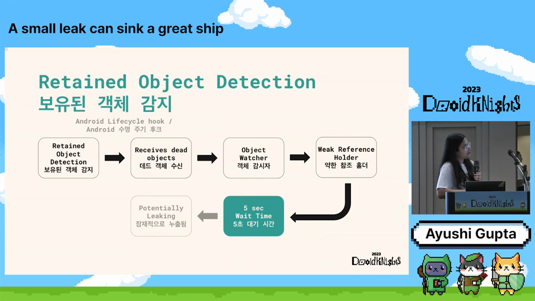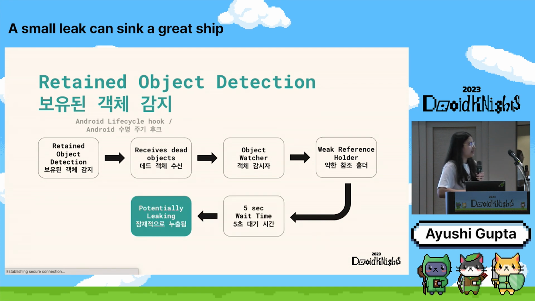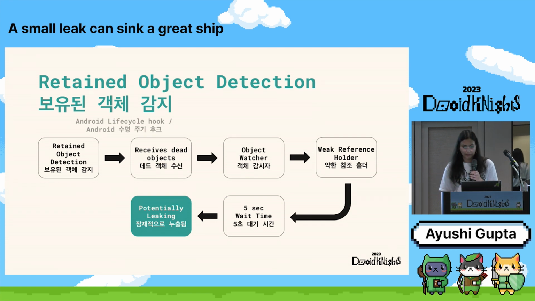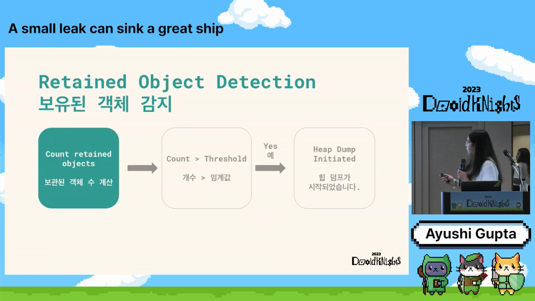Now, if the weak reference was held for 5 seconds of wait time, with GC run on top of it, and it has not been cleared, then LeakCanary says that this object could be potentially leaking. What does LeakCanary do then? It maintains the count of those retained objects. It's not like, okay, I got an object, so it must be leaking.